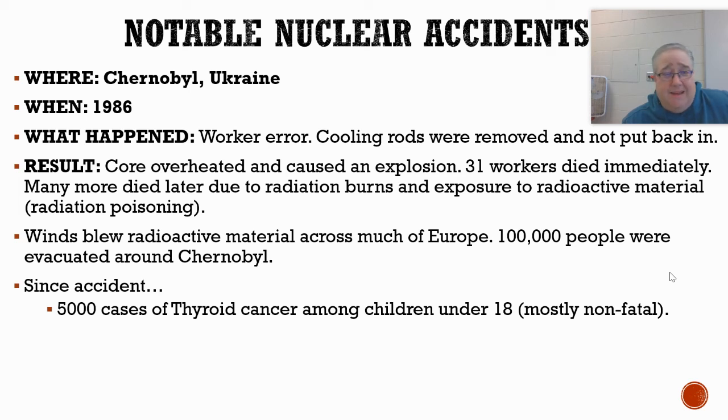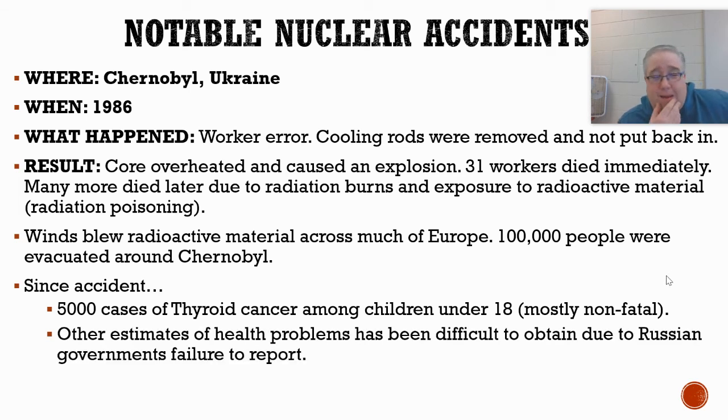The thing about this one, which makes it kind of an interesting one, is because it was under Soviet control. This was the Soviet Union back in 1986. The Soviets were very reluctant to release any information to the public. So how many people died?